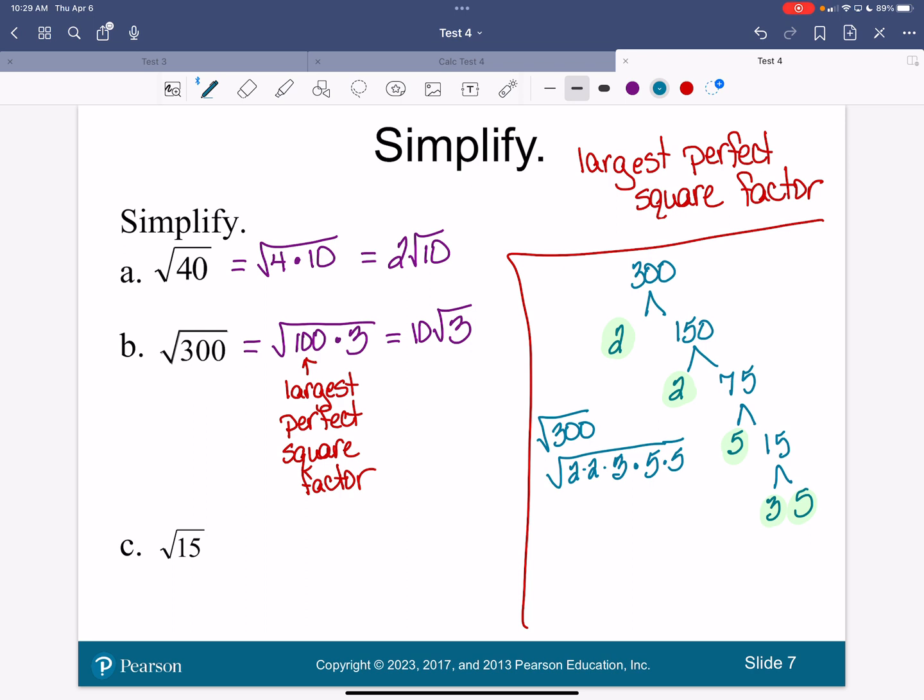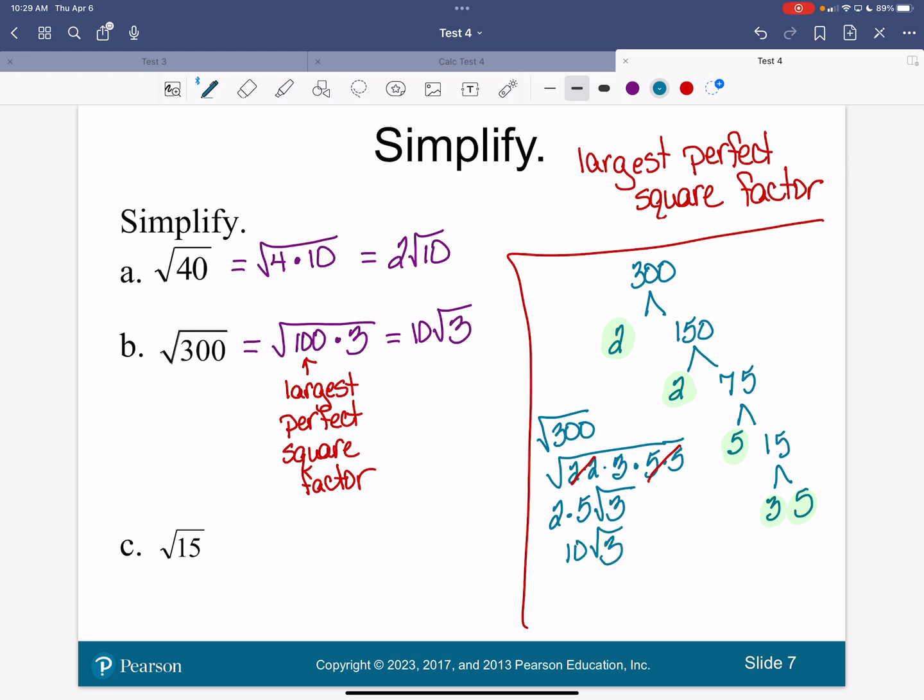Now, I need a set of two numbers. So here I can bring the 2 out, and I can bring what else out? The 5. So I'm going to have 2 times 5 on the outside, and what's left on the inside? 3. So I have 10 square root of 3.